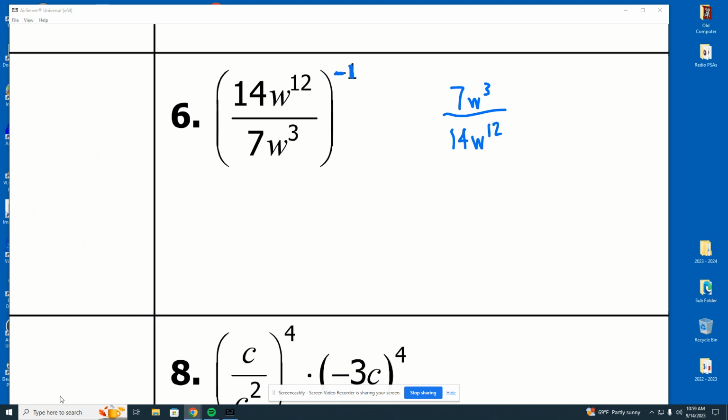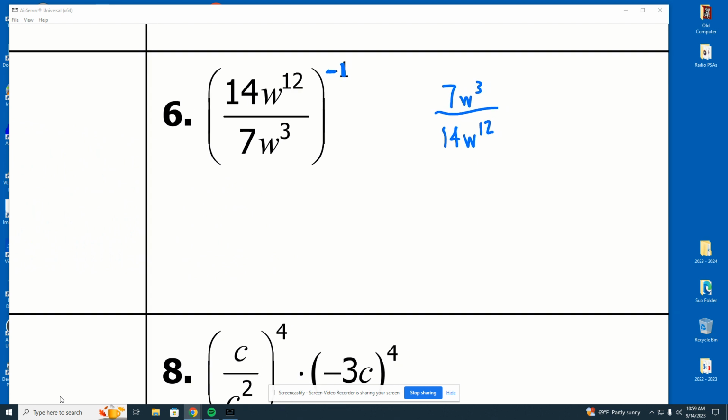So here's my problem I'm working with now. So let's focus on 7 over 14. Does it just divide away? No, it simplifies. What will 7 over 14 simplify to? 1 over 2. Now, here's where I go like this. Where is W bigger?